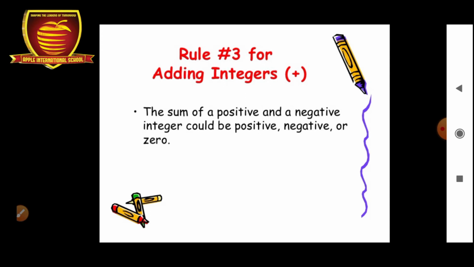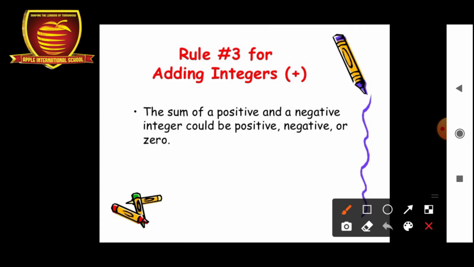Next, the sum of a positive and a negative integer could be positive, negative, or 0. This means if we add a positive integer and a negative integer, the sum could be positive, negative, or 0. For example, -3 and 2.